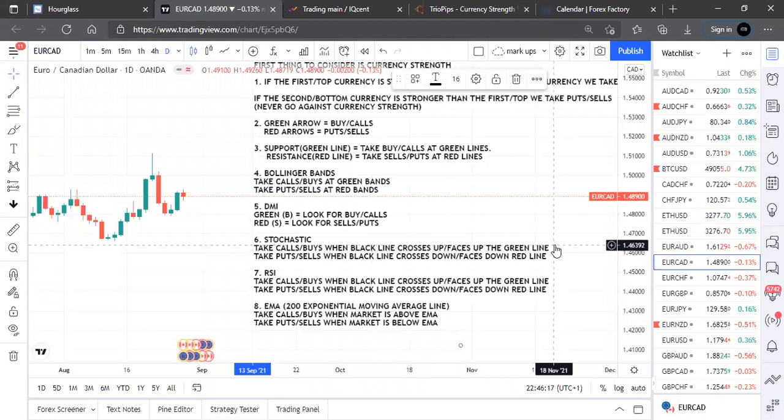That is your 6th point for a buy. Now for sell, take puts or sells when the black line crosses down or faces down the red line. Simple. That's your 6th point.